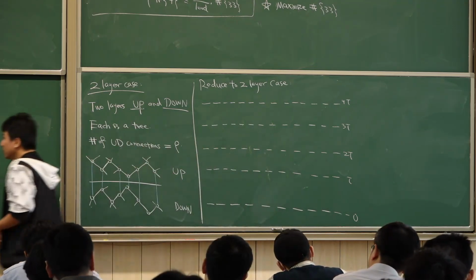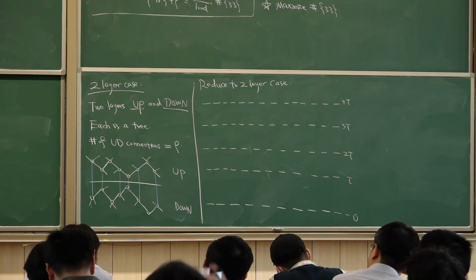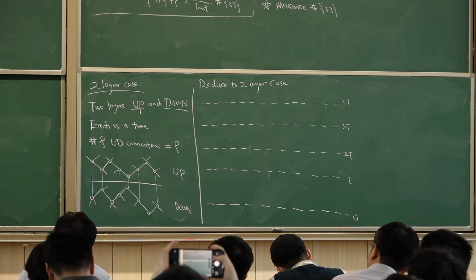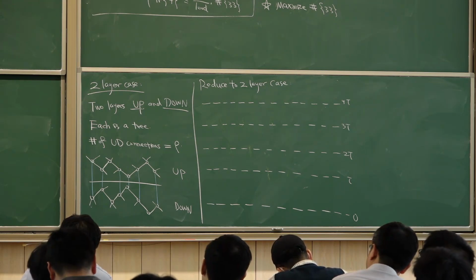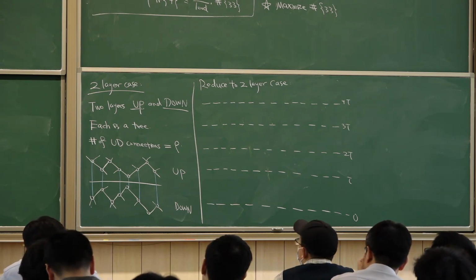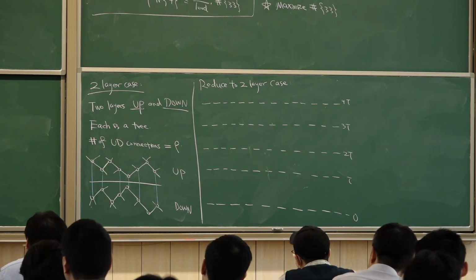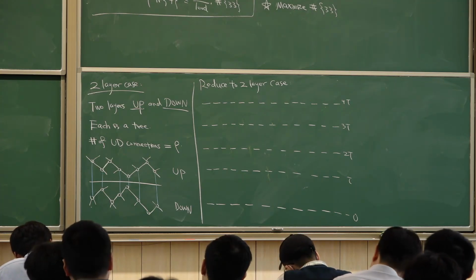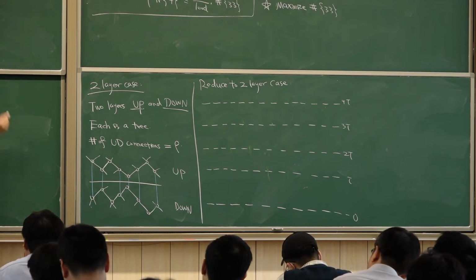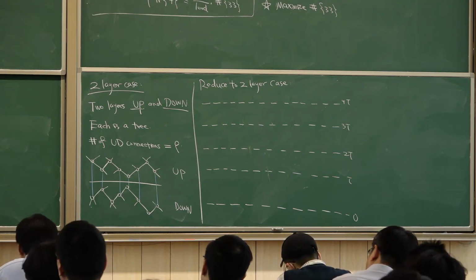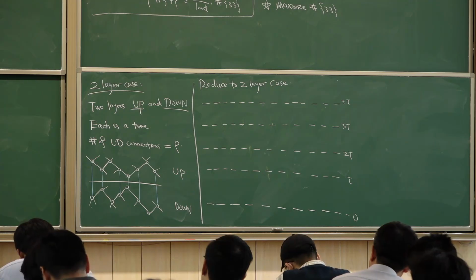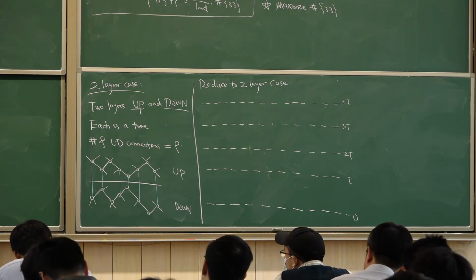So we choose L such that this RL is max. So RL is max. Okay, so we choose a layer.